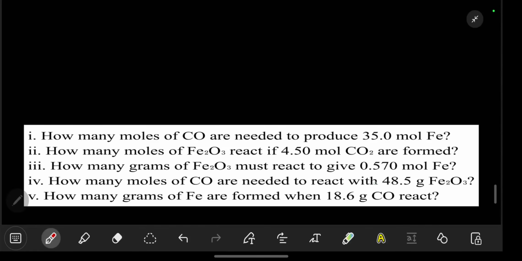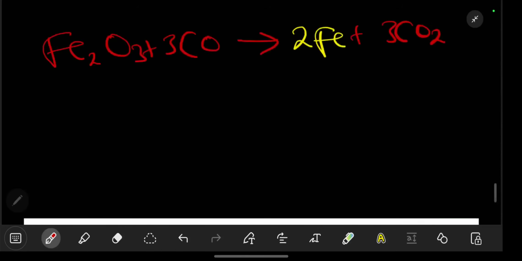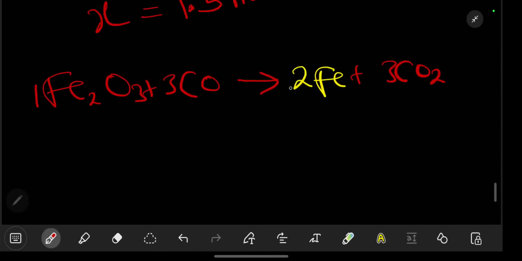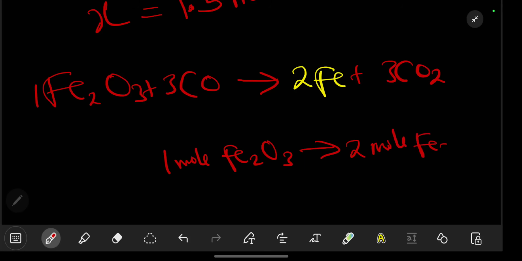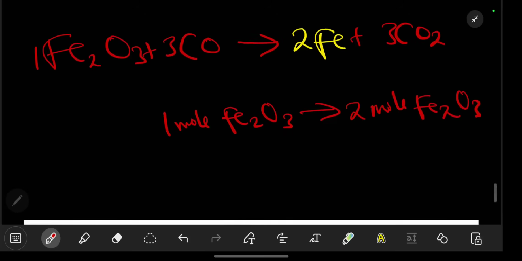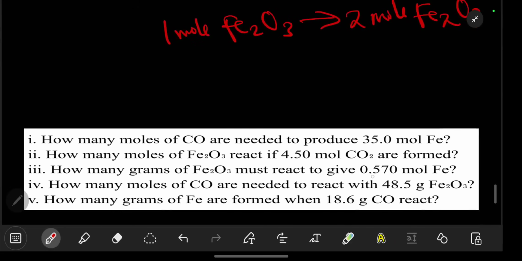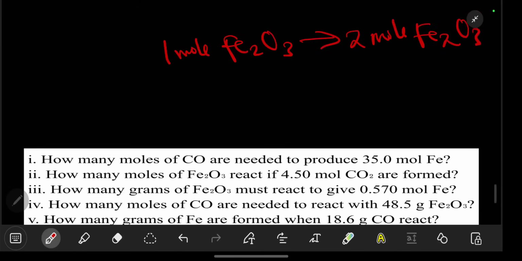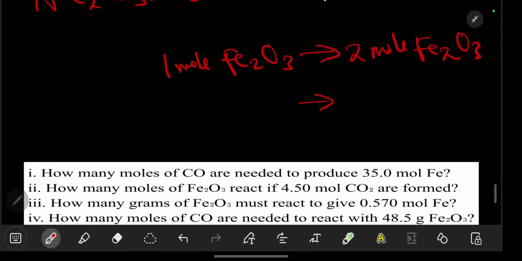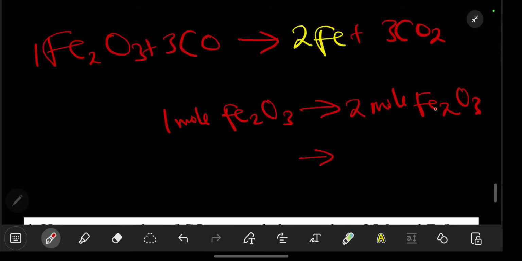According to the equation, 1 mole of our Fe2O3 should be able to react with 2 moles of Fe, like that. Sorry, not Fe2 but Fe.